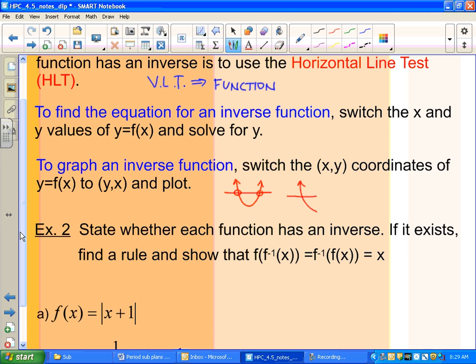And with these cases, we're going to have what's called the restricted domain. We're forcing the issue. We're forcing this to become an inverse. Right, we're going to get to that though in just a second.